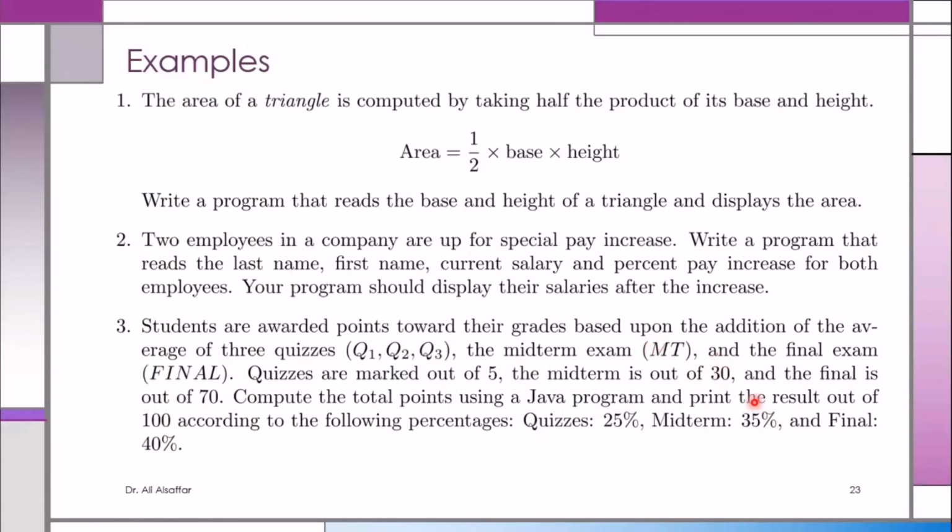You need to convert it to 35. And the final is out of 70. You have to convert it into 40. So let me write down those: 5 for quizzes converted to 25, 30 for the midterm converted to 35, and 70 for the final converted to 40.